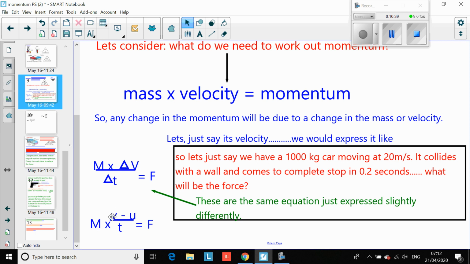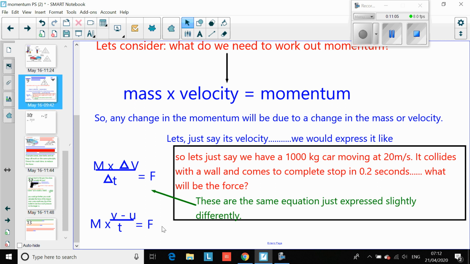So if we do 20 minus 0 divided by the 0.2, we get the same answer. These are the same equation, just expressed slightly differently. You can see there that the change in velocity is written out slightly longer. The change in velocity is the final velocity minus the initial velocity, so that's actually quite straightforward.